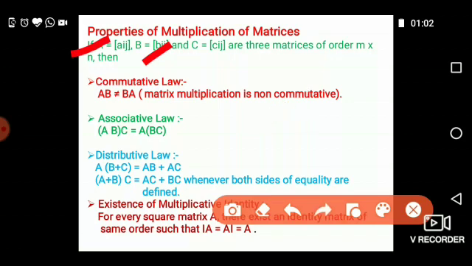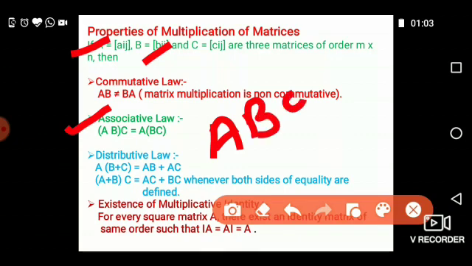Likewise, we can see whether multiplication is associative or not. Let A, B and C be three matrices of the order m cross n. Then (A into B) into C is equal to A into (B into C). As I told you, associative means grouping the matrices.